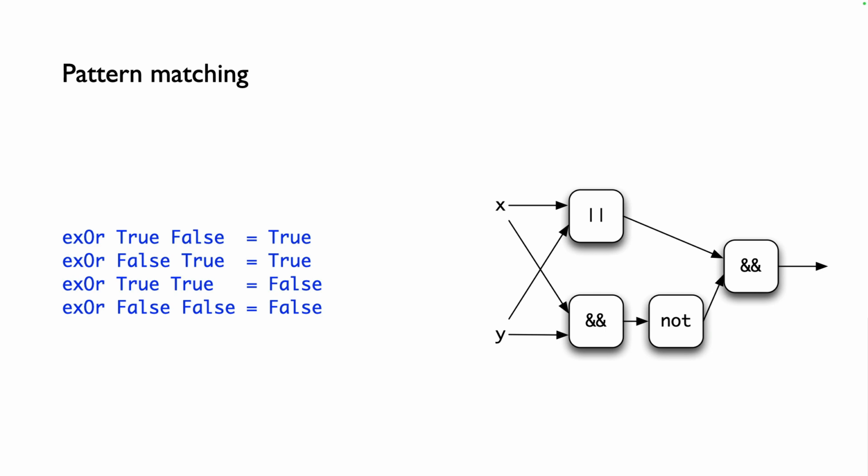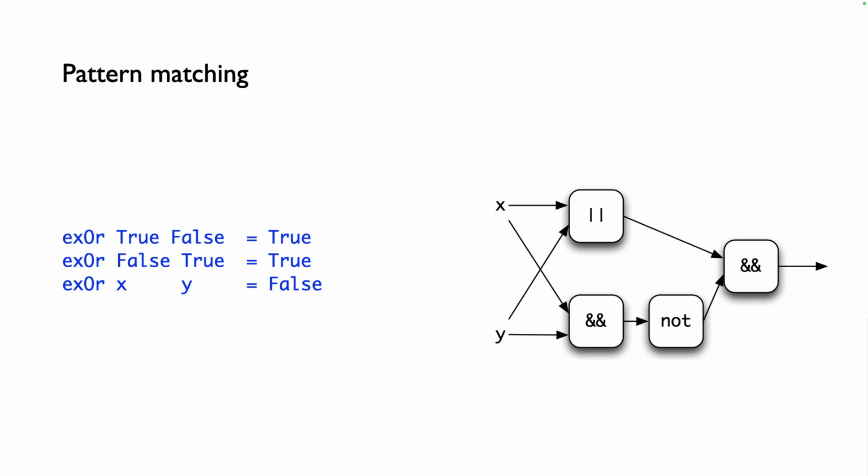So we could write this. We could say whatever value of x or whatever value of y, if the first 2 cases don't hold, then the answer is false. Because those are variables x and y, they could be anything. And because of the way these definitions are interpreted, it's the first one that applies that holds. So the first 2 equations cover the case where exactly one value is true, and then the remaining equation covers all the other cases.